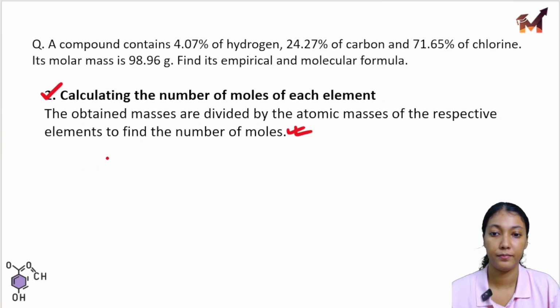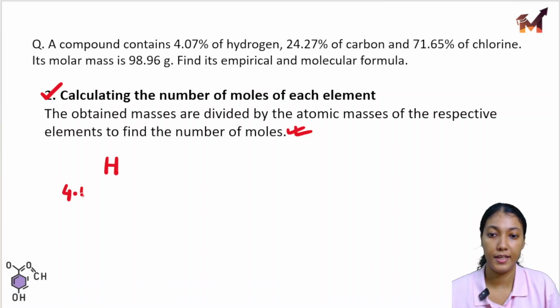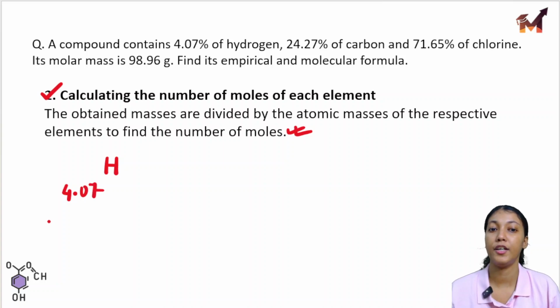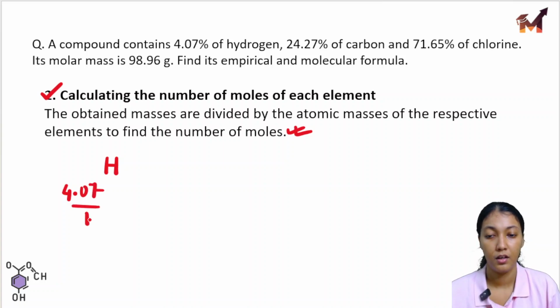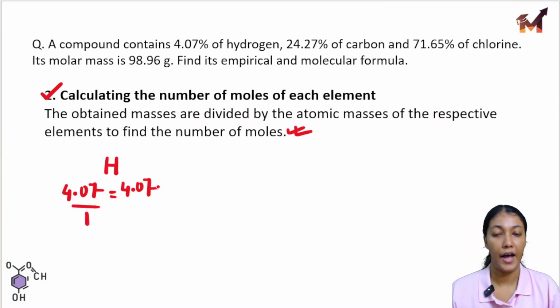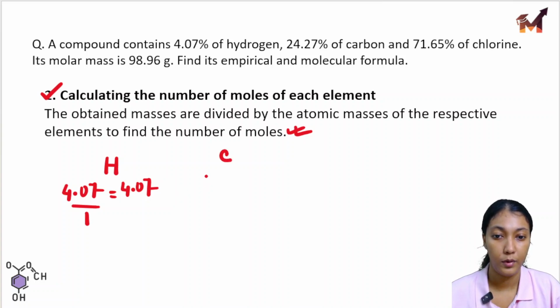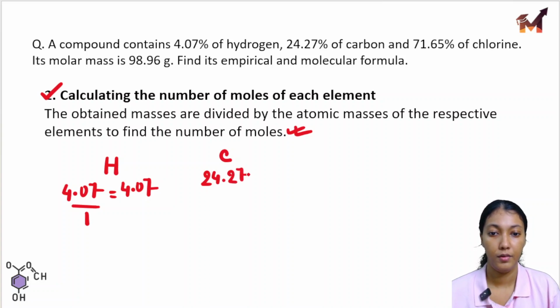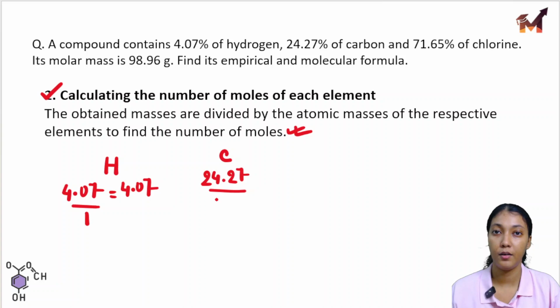So for hydrogen, it will be 4.07 and hydrogen का atomic mass होता है 1. So it will be same only, 4.07. Hydrogen का हो गया. Now we will do for carbon. It was 24.27. We will divide it by carbon का कितना होता है atomic mass?